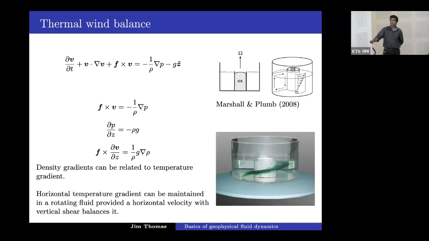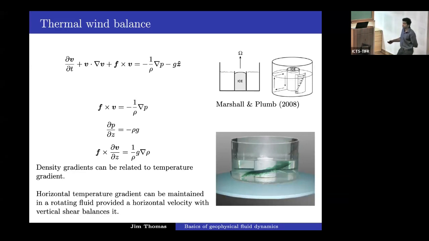This balance is called thermal wind balance, and we'll see why in a second. This is telling us that the vertical derivative of the horizontal velocity can be balanced by horizontal gradients in density.